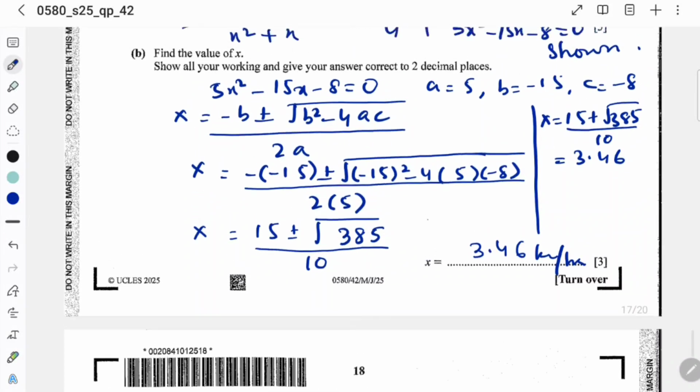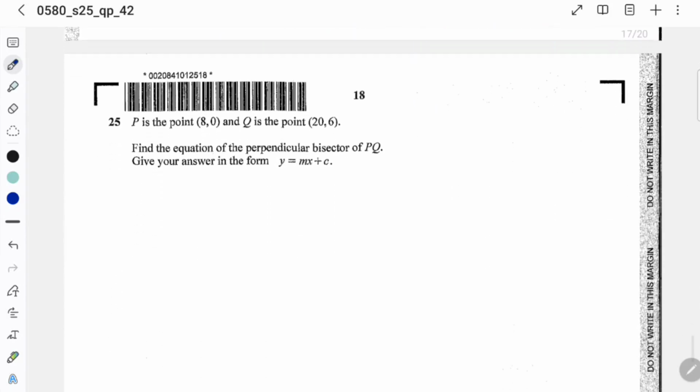The other answer, we'll also take to two decimal places, because we have to show the value of x. We cannot leave it here because this is the solution of the equation. So it is minus 0.46, corrected to two decimal places. We ignore the negative one as the speed can't be negative. So that is why 3.46 is the answer.